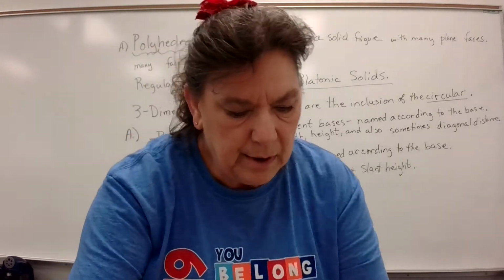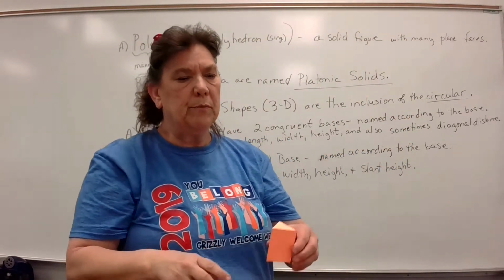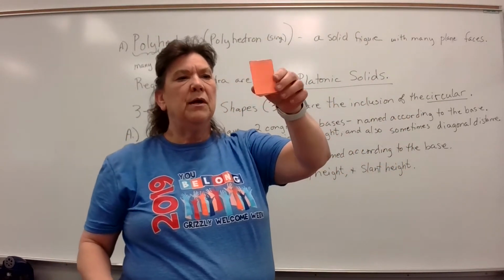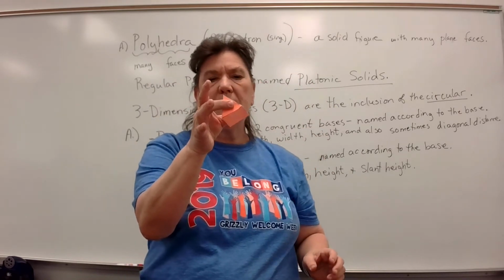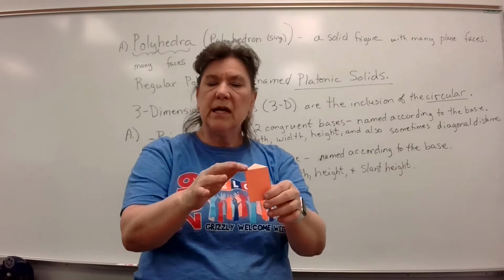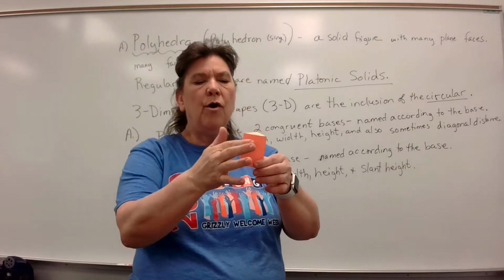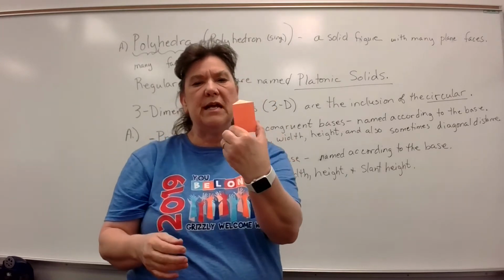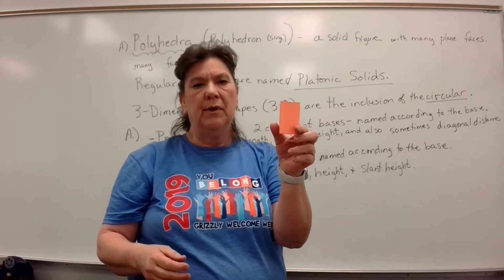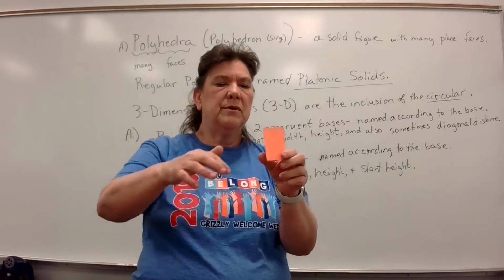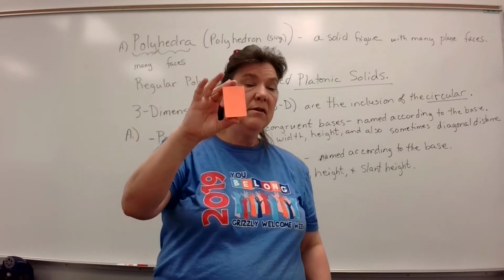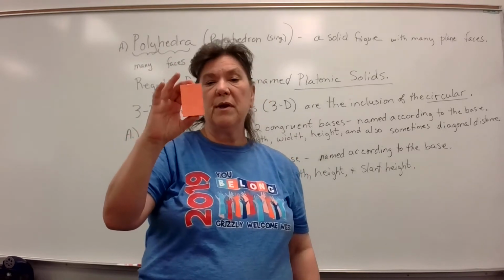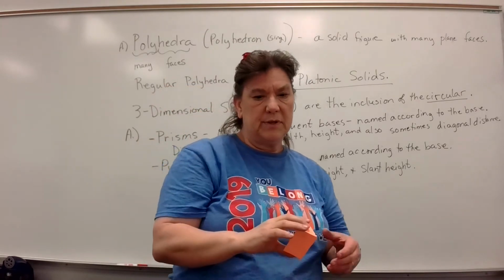Here is another prism, and this one we would call a triangular prism. See the two congruent bases, and because it's an equilateral triangle, all the faces are the same size and shape. Anytime you have a triangle, I would always use my triangle as my base on that prism.